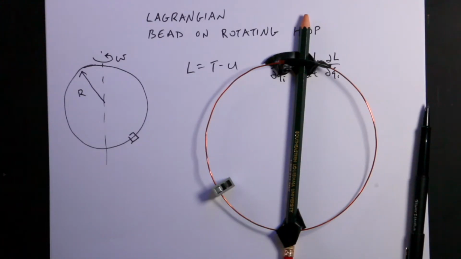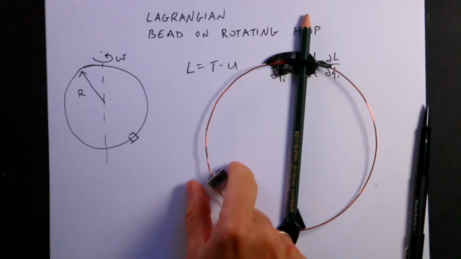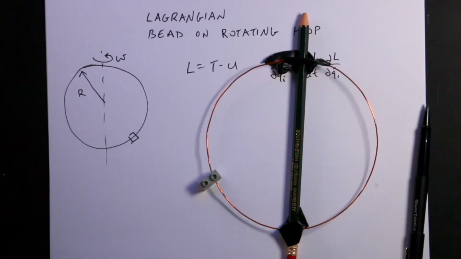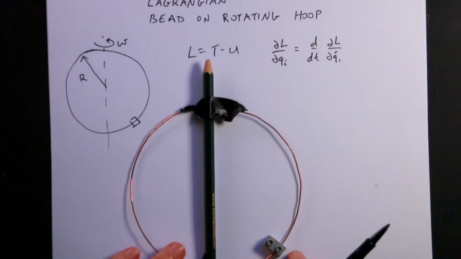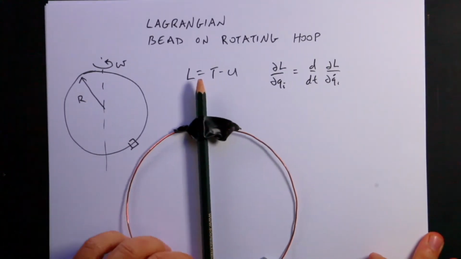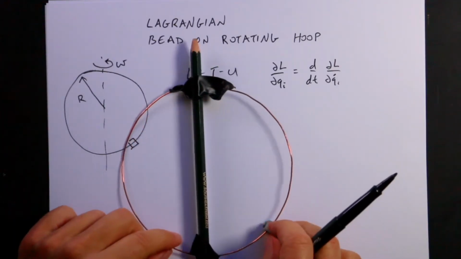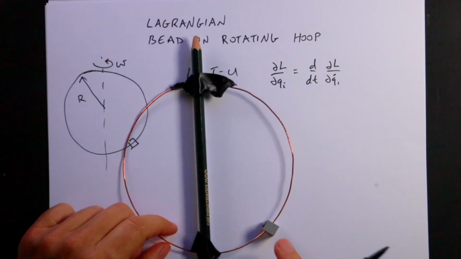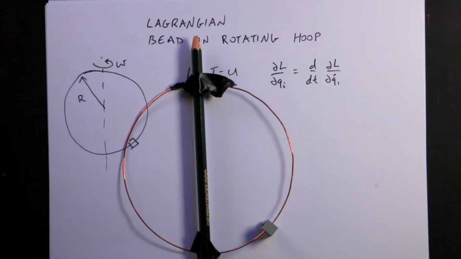Not impossible, but it's impractical to use Newtonian mechanics where I calculate the force to find the change in velocity of that bead. Instead, we want to use Lagrangian mechanics. In Lagrangian mechanics, what we do is pick some generalized coordinate that can describe the motion of this bead and then minimize the least action.